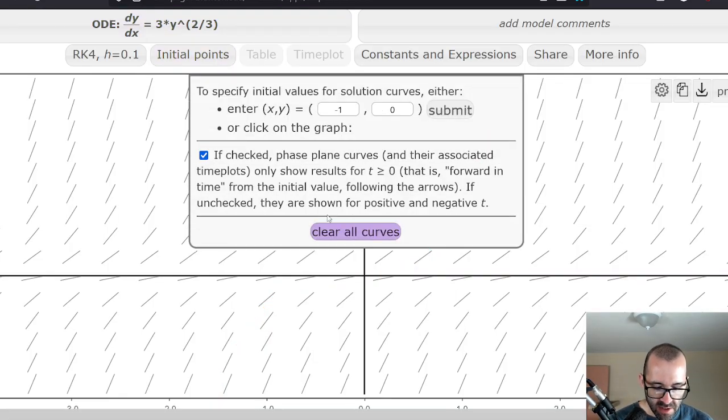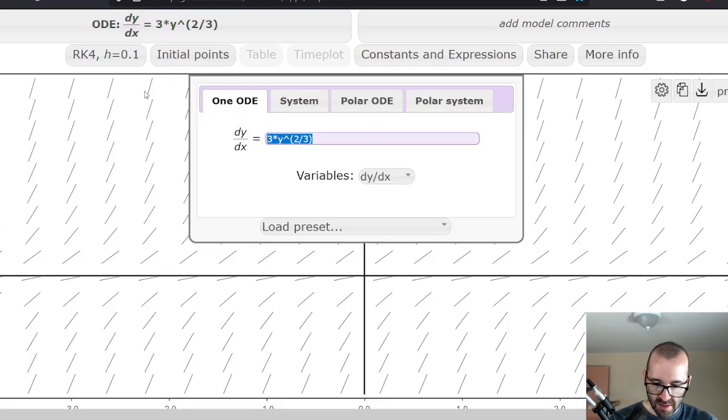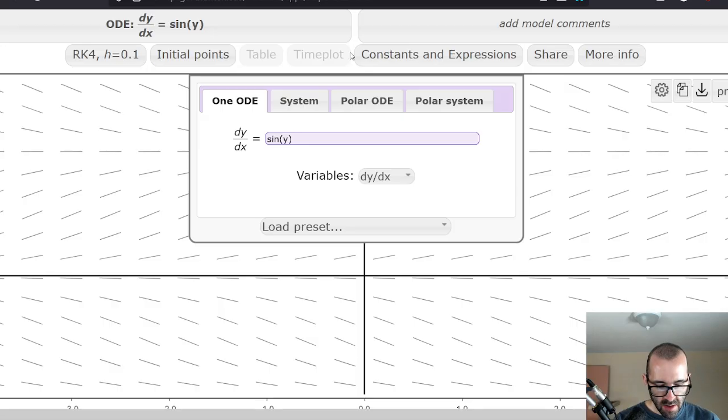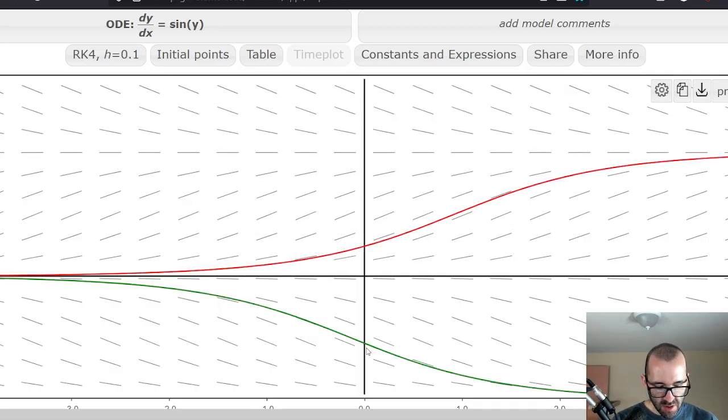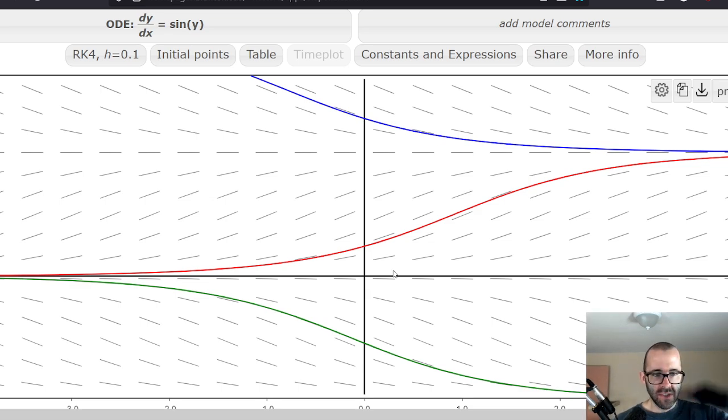But what uniqueness is not, remember, is the vertical line test. I think it's very easy to confuse the two. If dy/dt is equal to the sine of y, remember we had some solutions that would go here, some solutions that would be repeated. Even though you see a bunch of solutions, these all have different initial conditions.